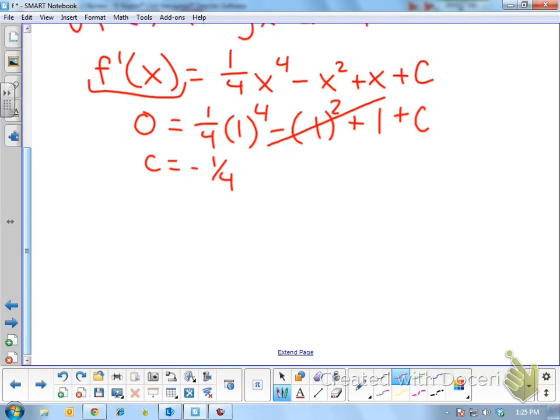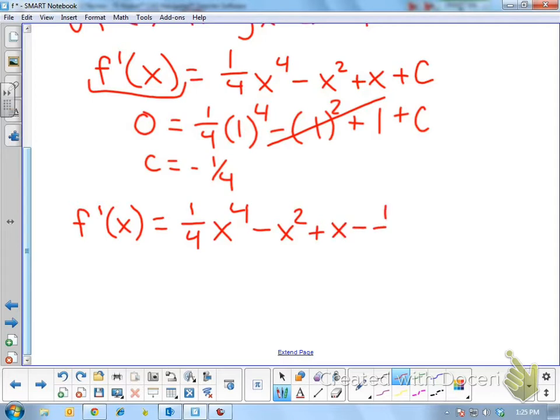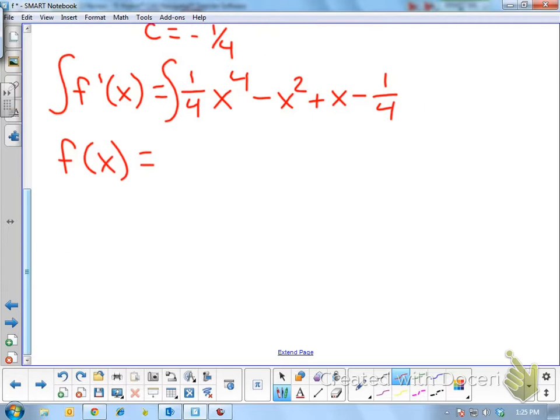So now we know f prime of x is 1/4 x to the 4th minus x squared plus x minus 1/4. And then how would I get from f prime to f? Antiderivative of that. So we integrate again. So we get f of x. This time, when we anti-differentiate again, our fraction is going to get kind of small.